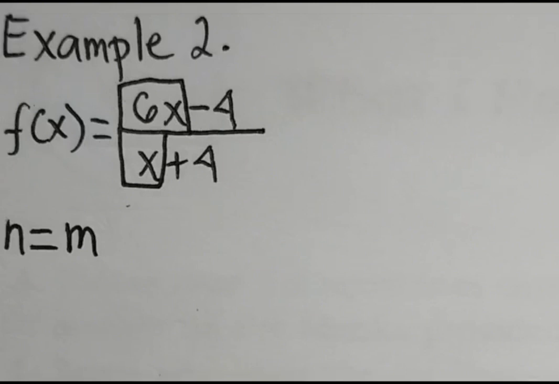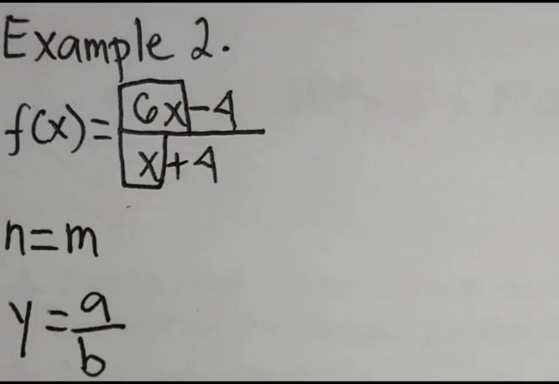So we're going to use the y variable, with horizontal asymptote y is equal to a over b. Again, a is the leading coefficient of the numerator and b is the leading coefficient of the denominator.